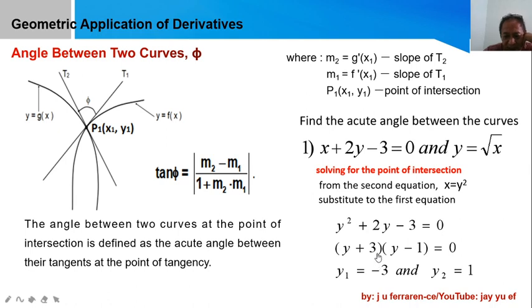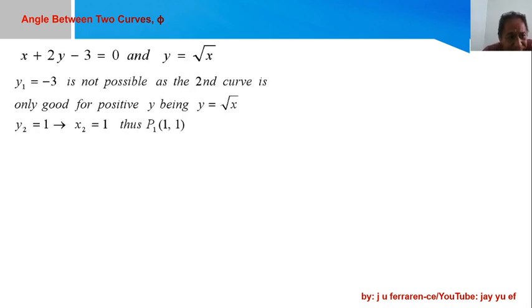Solving for the zeros, we have the first value of y equal to negative 3 from this factor, and y sub 2 equal to 1 from the second factor. But if I look at these results, looking at the equation, y equal to minus 3 is not possible for us to use.